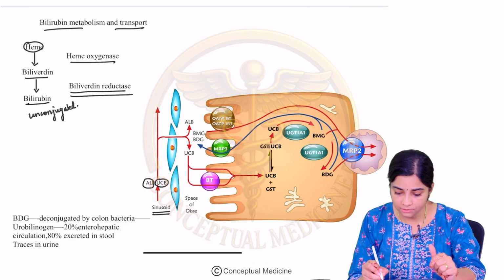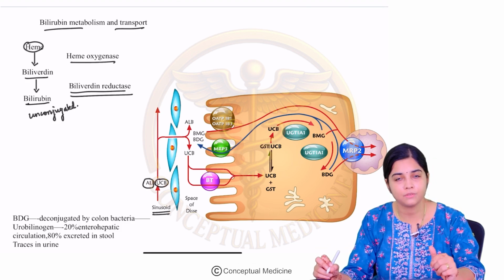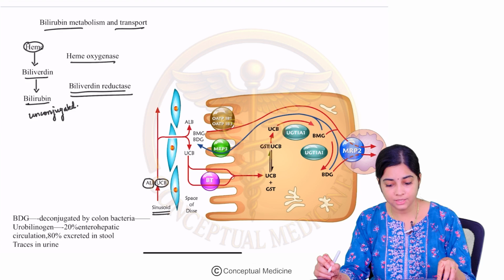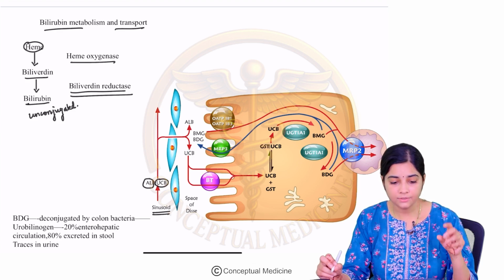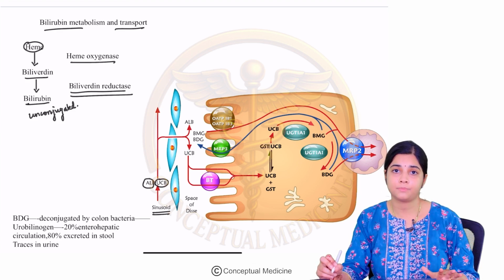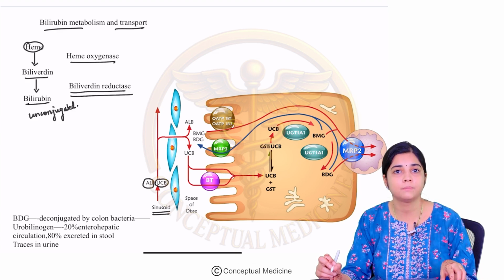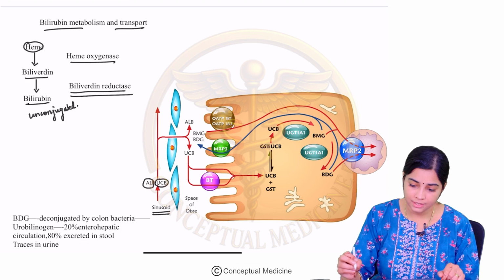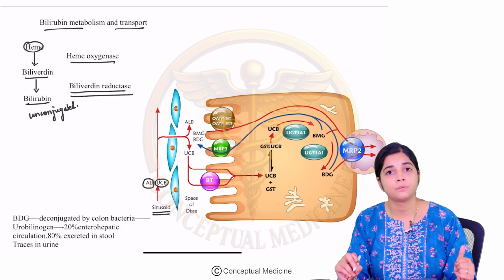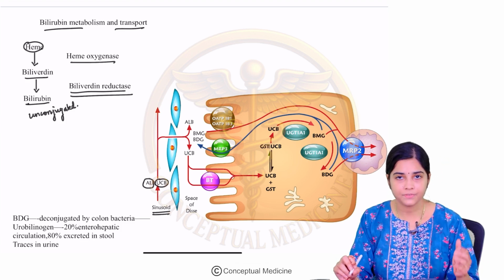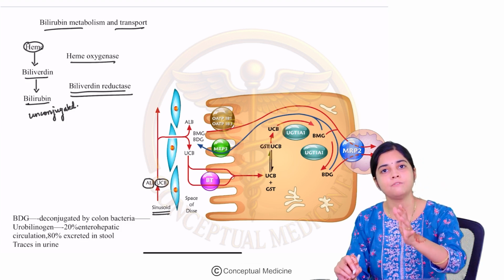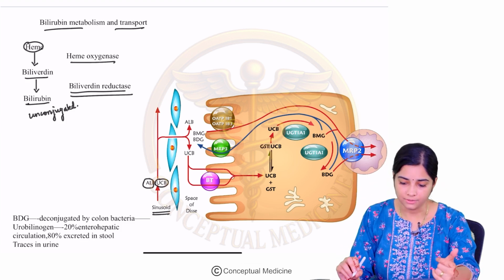So we are looking at the sinusoid, right? We know that bilirubin is produced from heme. Within the sinusoid itself, the unconjugated bilirubin combines with albumin and then gets transported to the hepatocytes. From the sinusoids, it goes to the space of Disse and then to the hepatocytes.